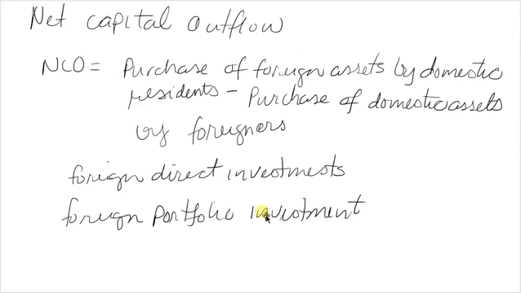So there are two types of investments, and we've looked at this in a previous chapter. We can have foreign direct investment, which is the case in which the foreigner both invests and manages his investment.